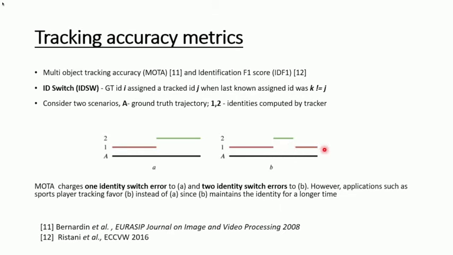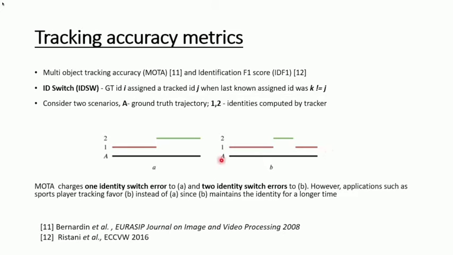So as far as MOTA is concerned, MOTA penalizes this figure more as compared to this figure because there are two identity switches. But if you look closely, as far as sports tracking is concerned, we prefer part b more because in this part, the capital A ground truth identity is being tracked more consistently by a predicted identity, that is 1, right?